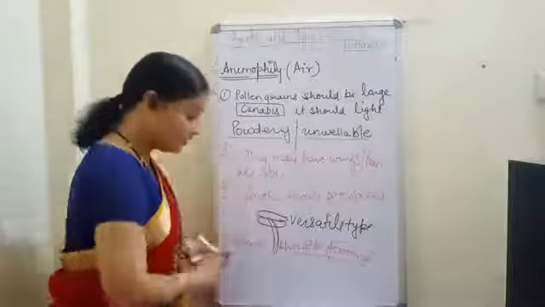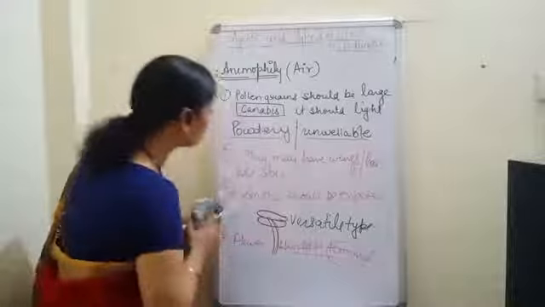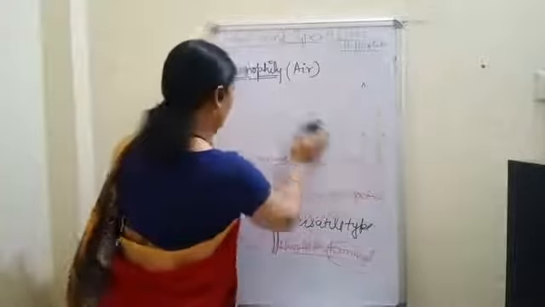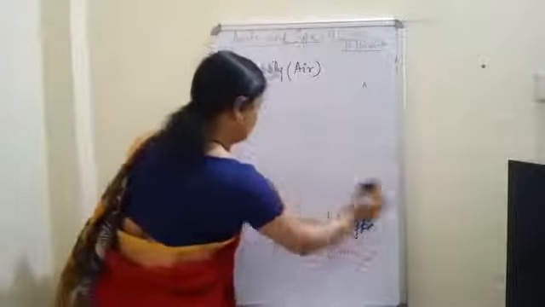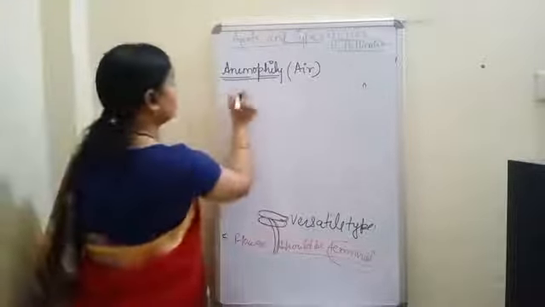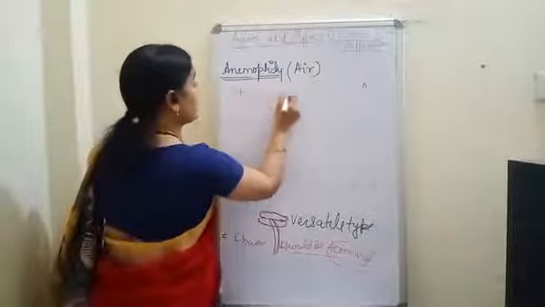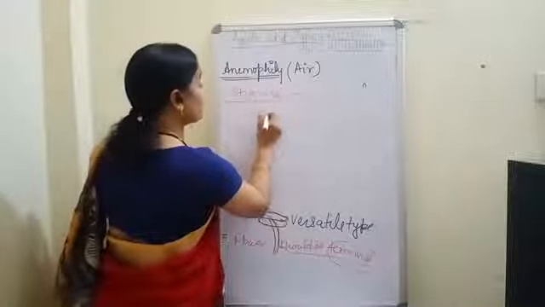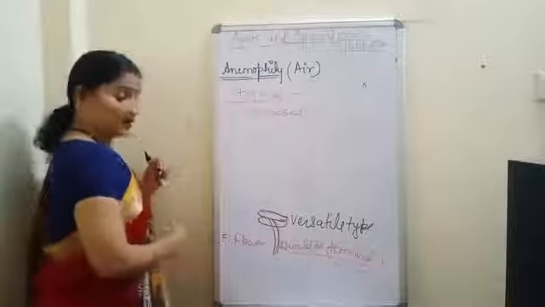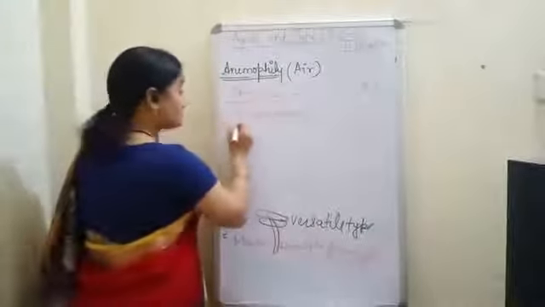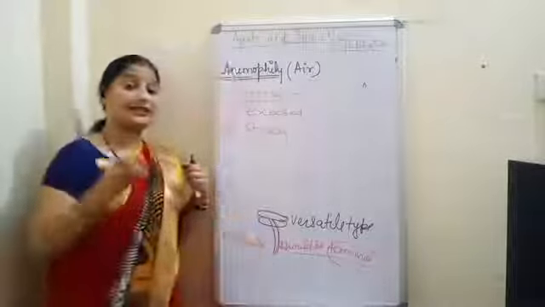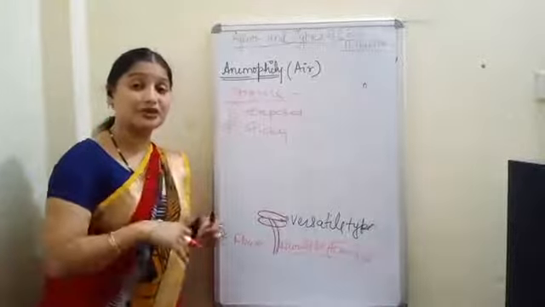Clear? Now see what will be the condition of the stigma. The stigma should be exposed, number one. It should be sticky. If it is sticky, then easily the pollen grains can come and sit over there.